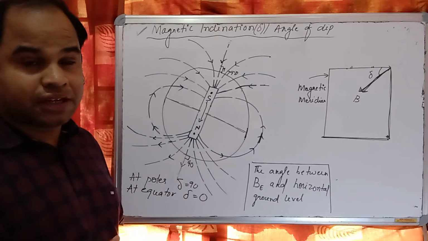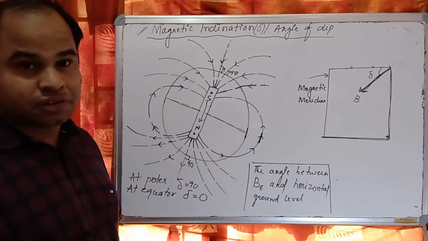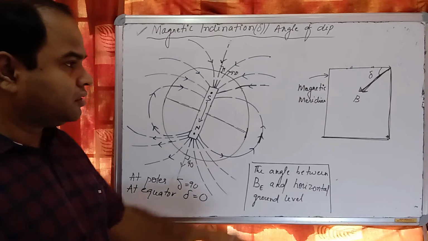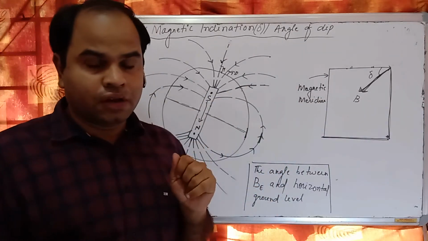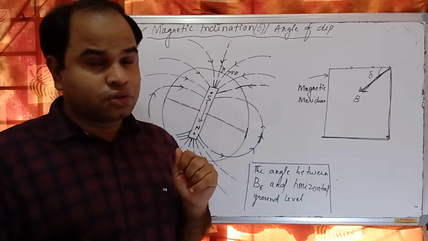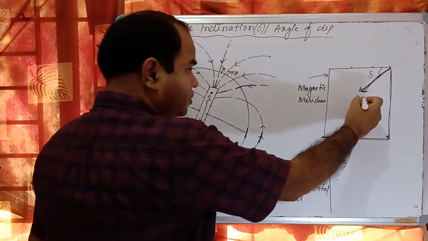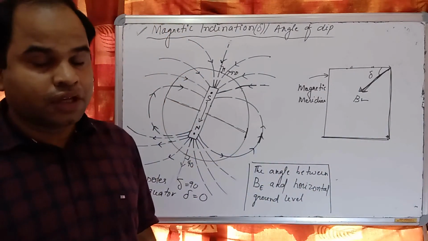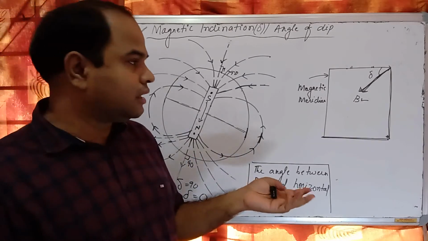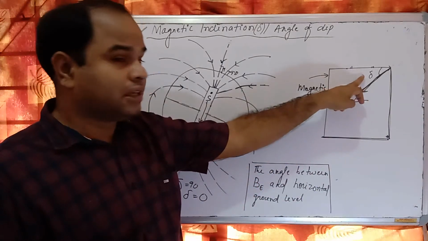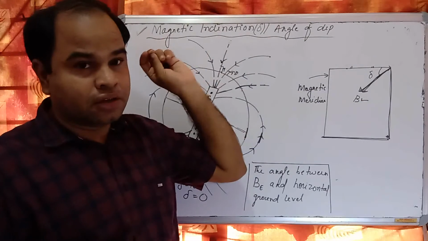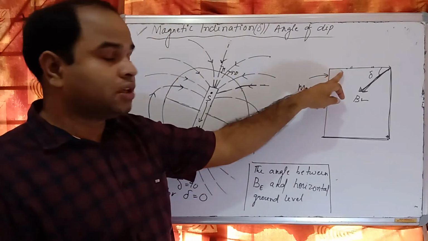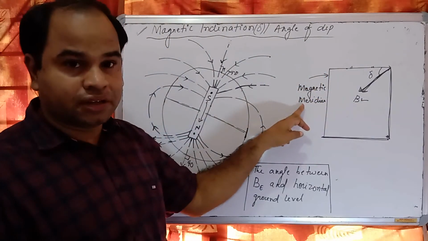The net magnetic field strength direction is from south to north. This is also shown in this figure. So this is your net earth magnetic field strength. It is making an angle. This is delta, that is your dip angle, with the horizontal direction of the magnetic meridian.